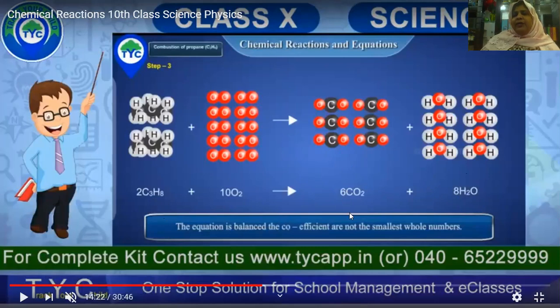It depends on the quantity I require. Supposing I require 8 molecules of water and 6 molecules of carbon dioxide, in this ratio, then I have to take 2 molecules of propane gas and 10 molecules of oxygen. The more quantity I require, the more molecules I have to keep adding to increase the quantity of my products.